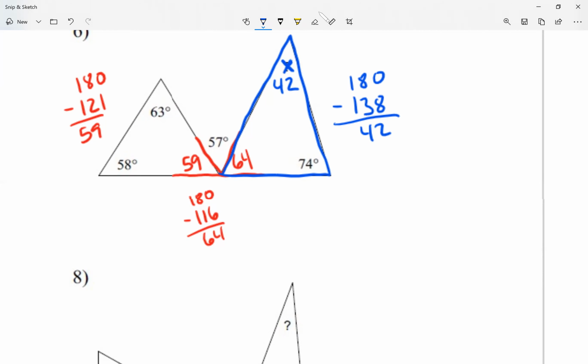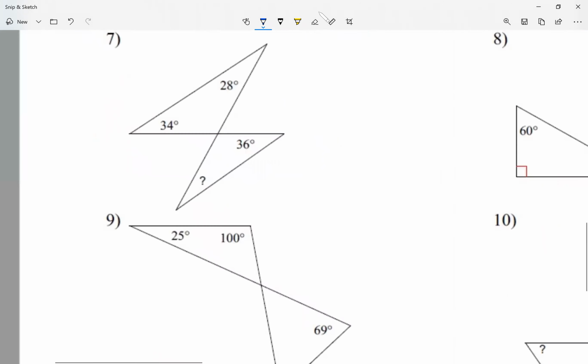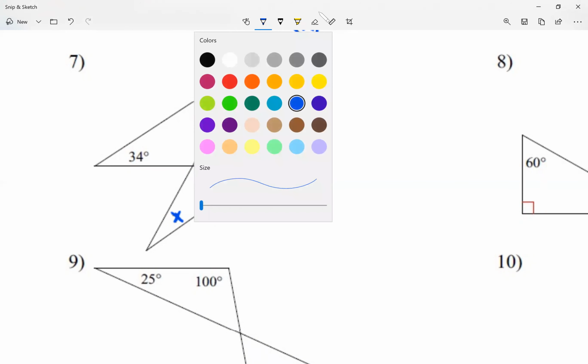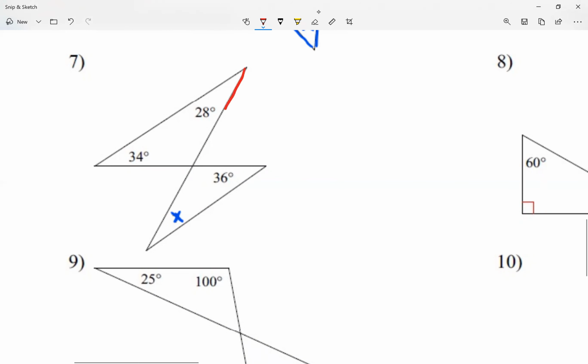Pretty cool. All right, let's take a look at number 7. That question mark, I call it X. I'm solving for X. I see the triangle where X is, and that is not the triangle where I start. I start at the other triangle. From that triangle, I know two angles, 34 and 28.